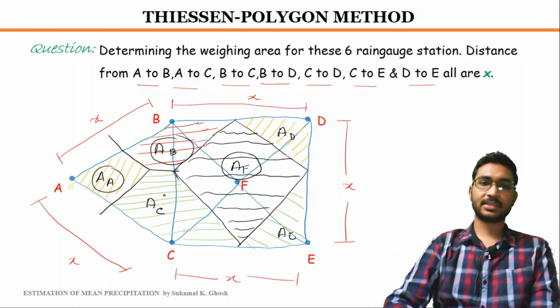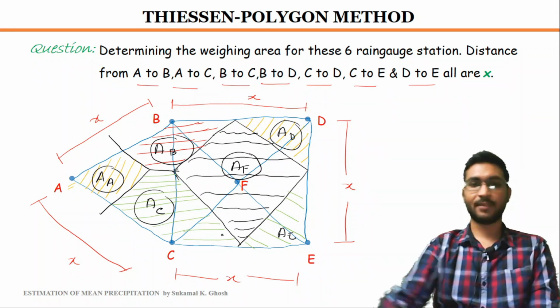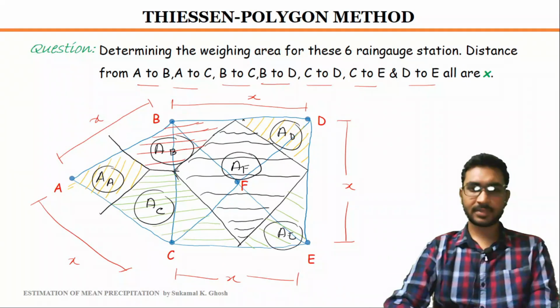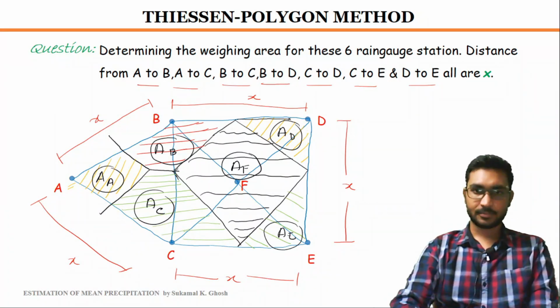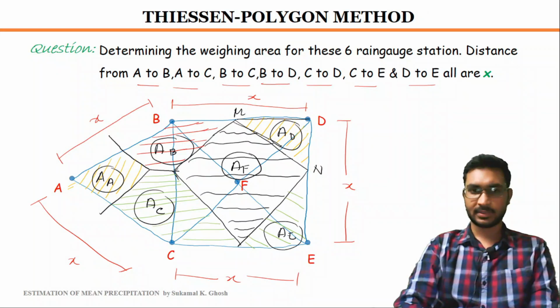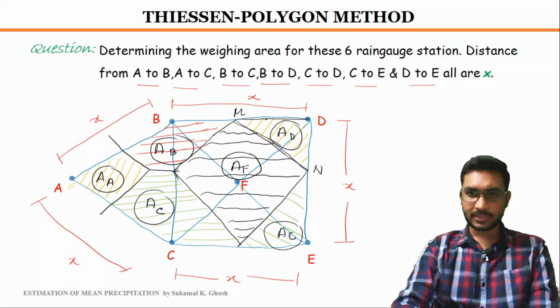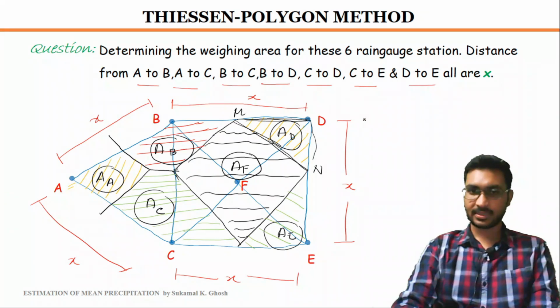So now by using simple, school level geometry, we can calculate these areas. If you consider this particular triangle, suppose this is M and this is N. So you can calculate the area AD, because in this triangle we have the height and also the base.